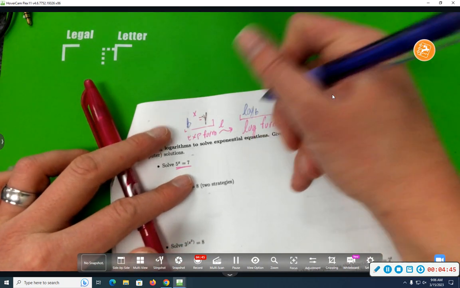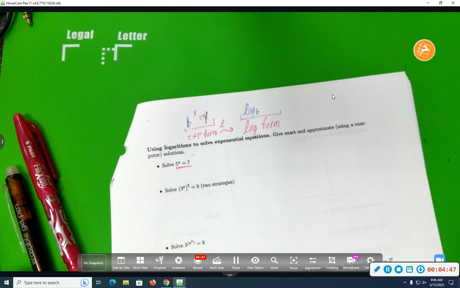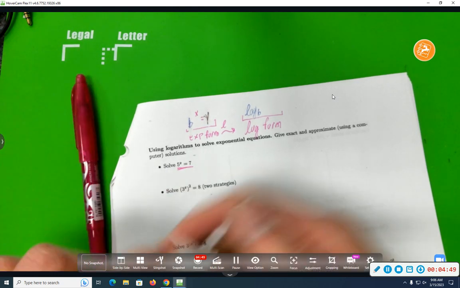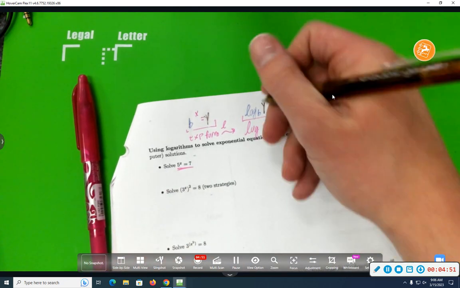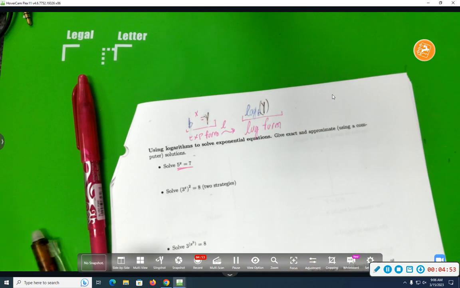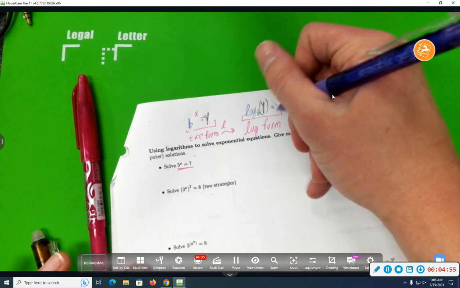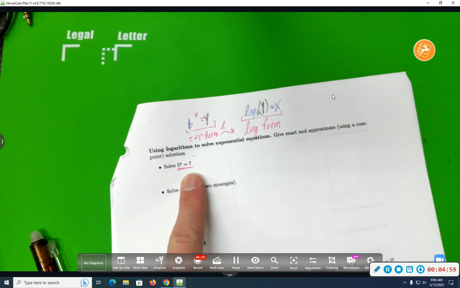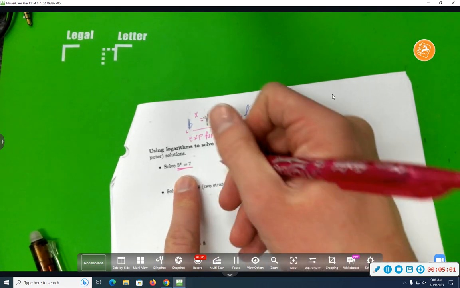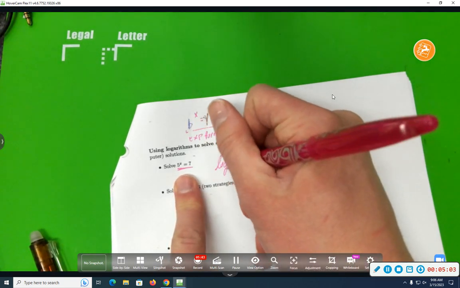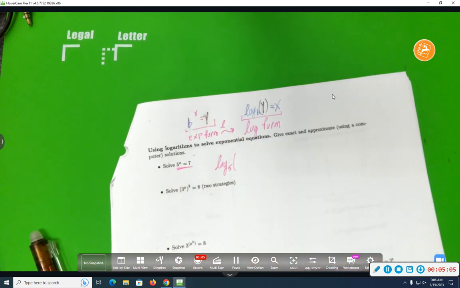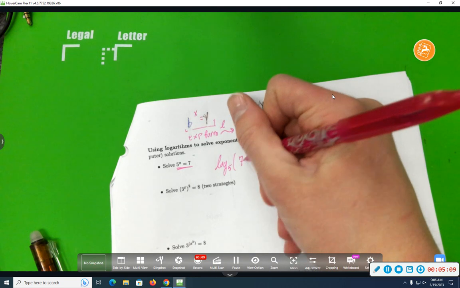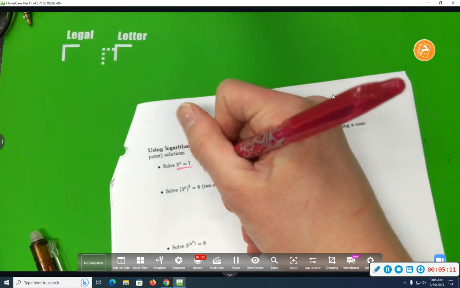So the base stays the same, but now it's the base of a log instead of an exponential, of the thing on the other side, I guess let's use parentheses, equals x. So if you rewrite this in log form, the base is still 5. So now it's log base 5. What's inside of those parentheses? 7. And that should just be equal to x.